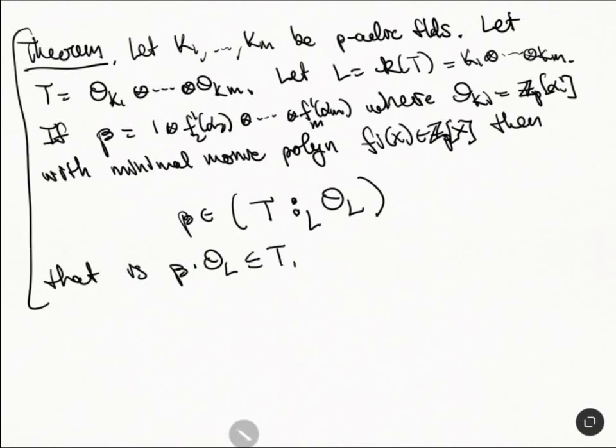Let me say a little bit about why I'm writing this. Here, this colon ideal is actually the object we're interested in. This is like the conductor, I guess, and this comes up in the study of Gorenstein rings and things. So this is something we care about a lot.